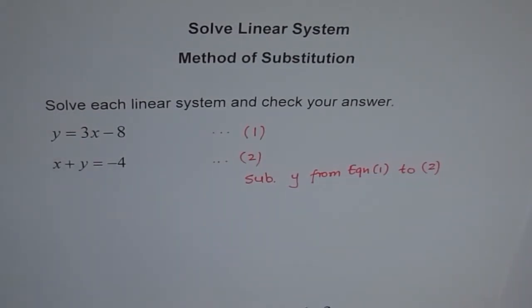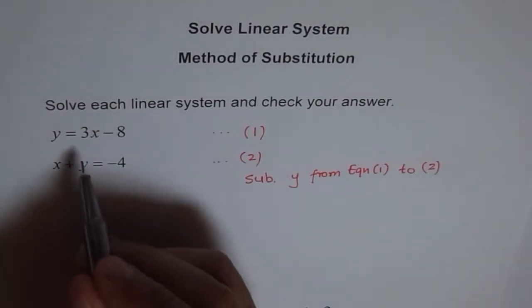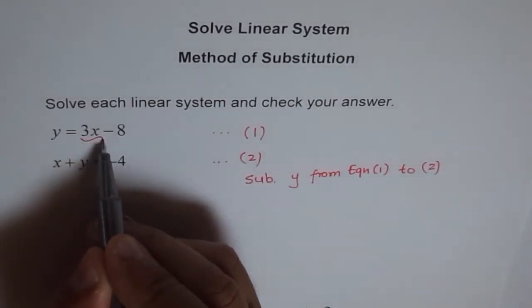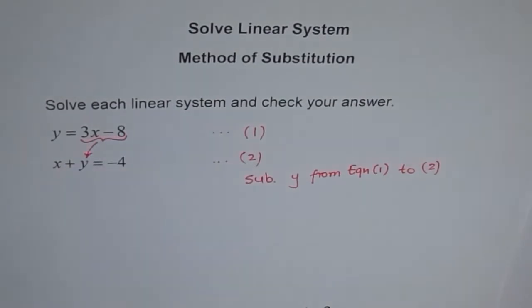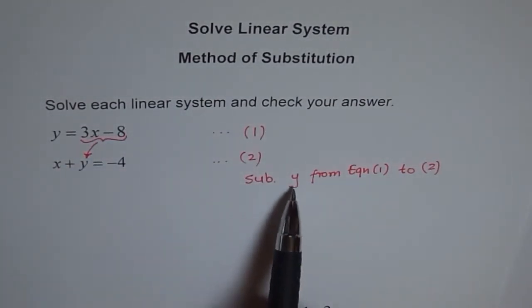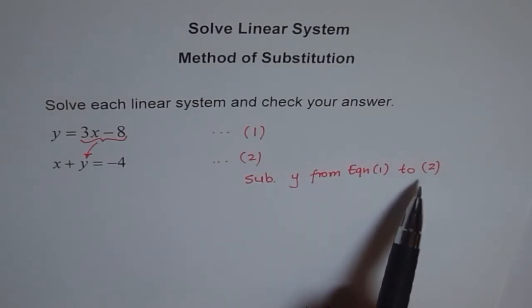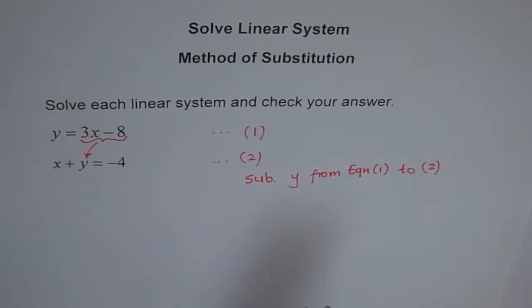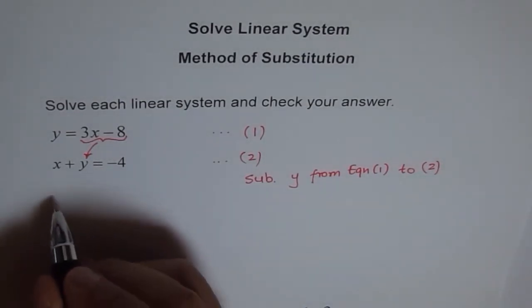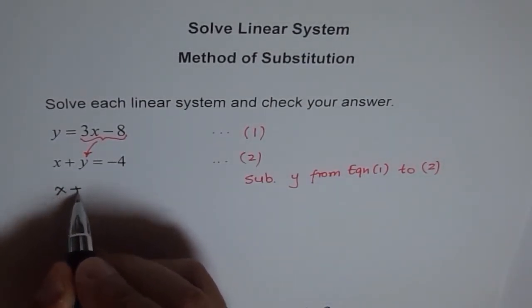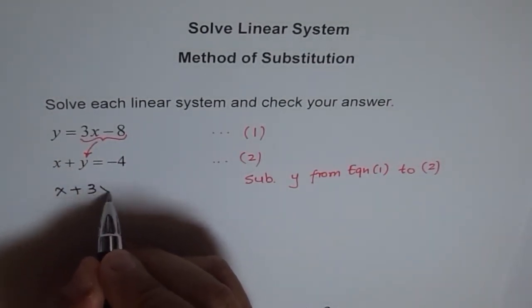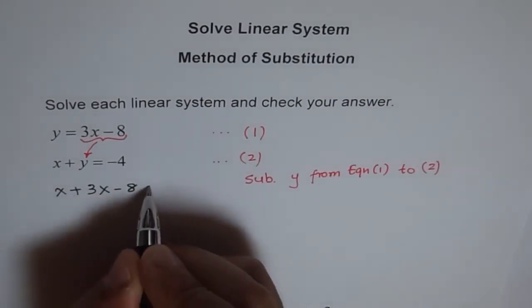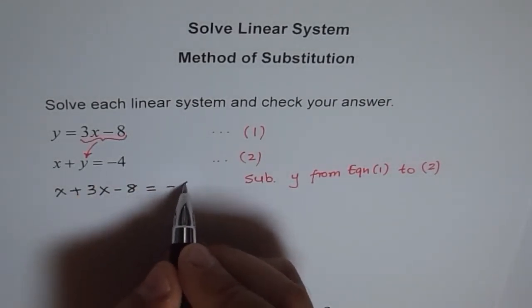Now, substitute means what? y equals 3x minus 8. We are going to write this in equation 2. That is what we mean when we say substitute y from equation 1 to 2, meaning into equation 2. I hope you understand my words. So we will do that. We get x plus, instead of y, 3x minus 8, equals minus 4.